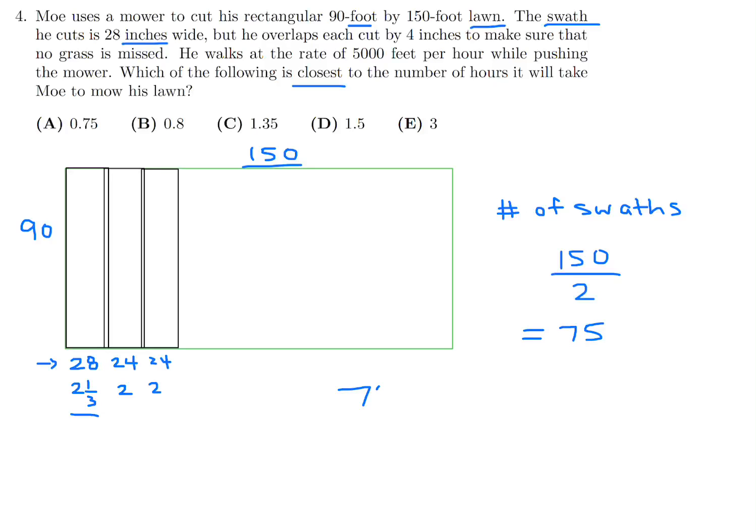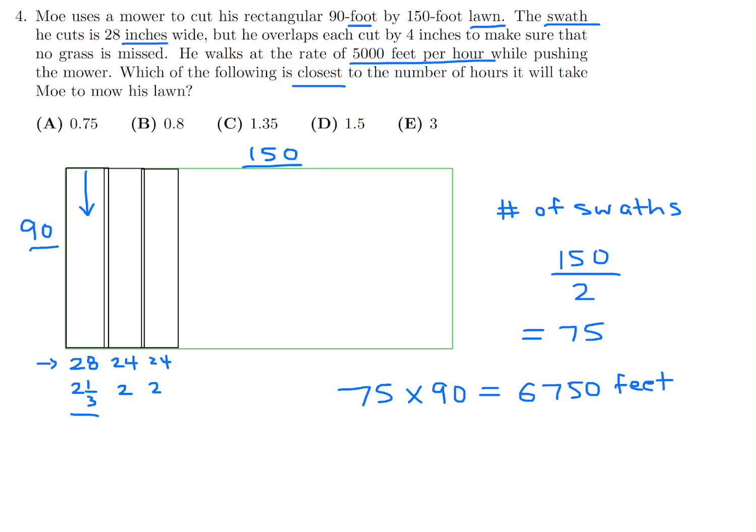And then each time he goes and pushes his lawnmower to make this swath, he's going to walk 90 feet for each swath. So the total amount of distance that he walks is 75 times 90, which is 6,750 feet. And then finally, he walks at a rate of 5,000 feet per hour.